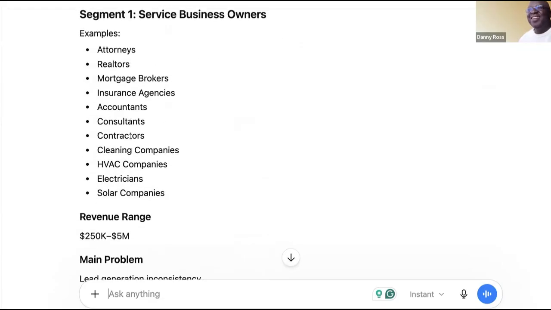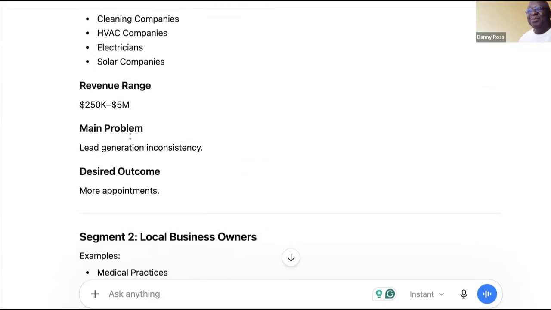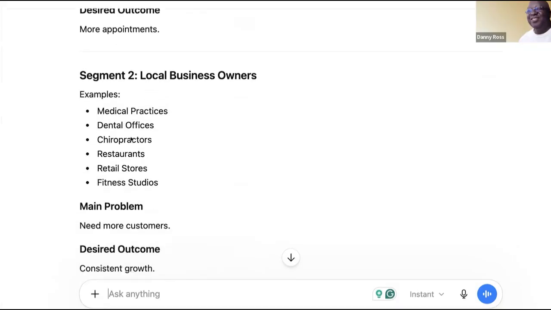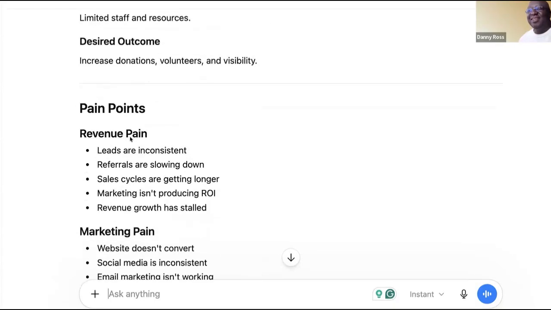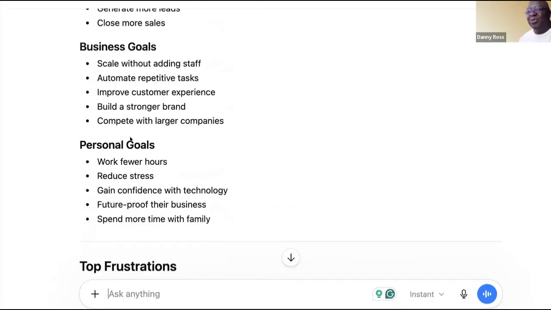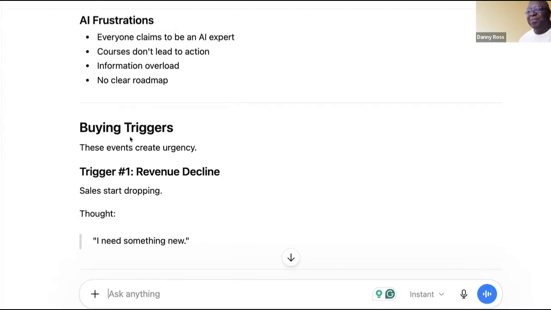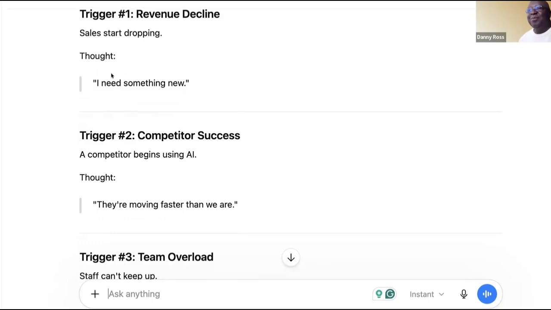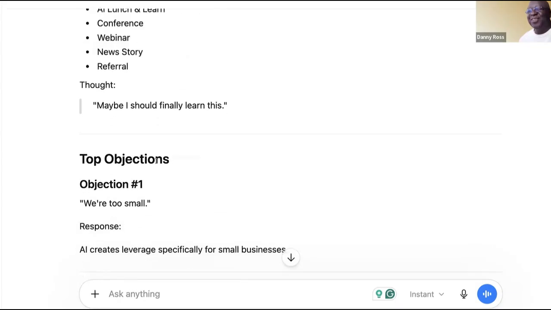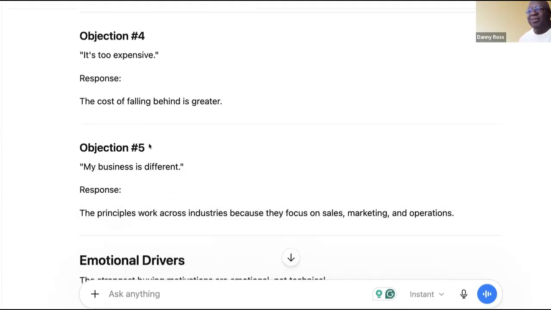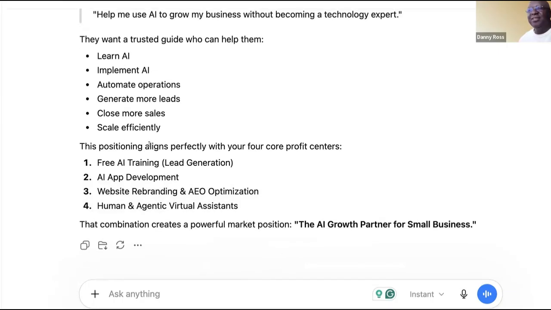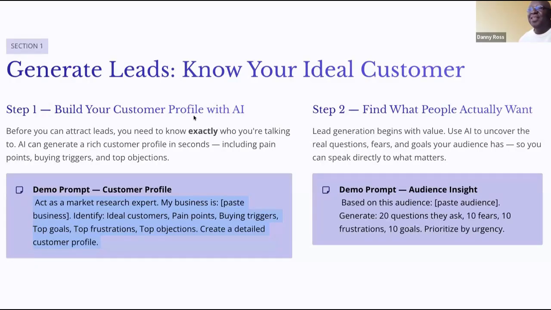This is you guys, service business owners, their money range, the local business problems that we solve, exactly what you would expect. It does this very, very quickly. And thought process: sales starting dropping, I need something new, trigger. So it's going through all of these wonderful things. I think you guys get the idea from that one prompt. You get a whole lot of information based on all the things it's learned about you so far.